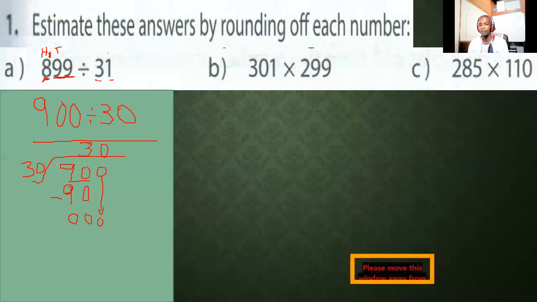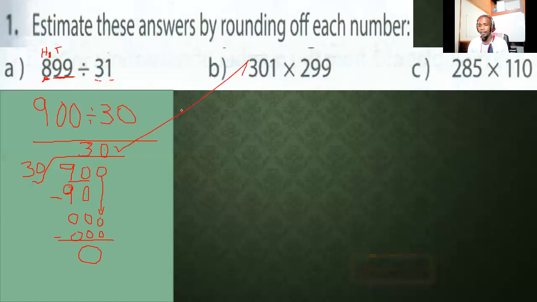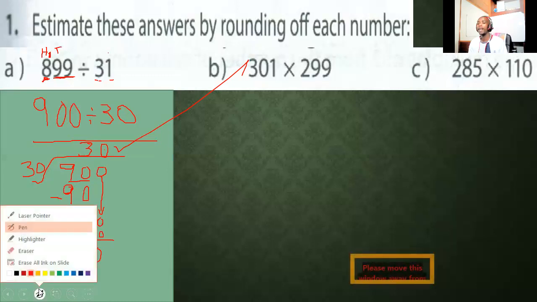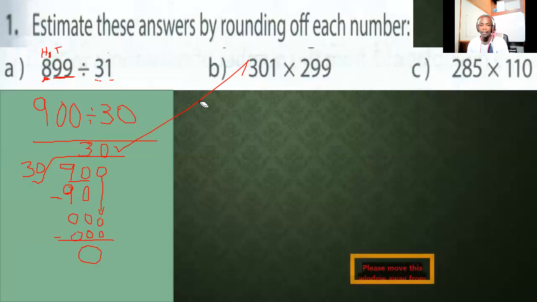Then 0, which we have put as an answer here, times 30, it's still 0. Can you see that? 0 minus 0, the answer is just 0. So our answer is 30. That is our answer for A. All right, let's go to B.